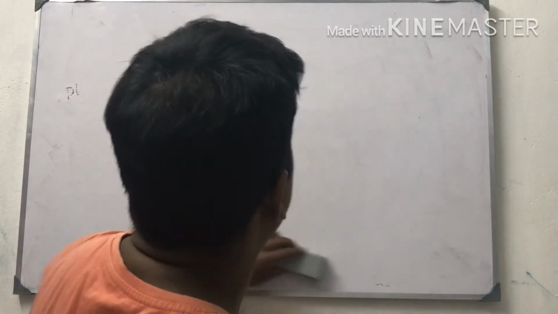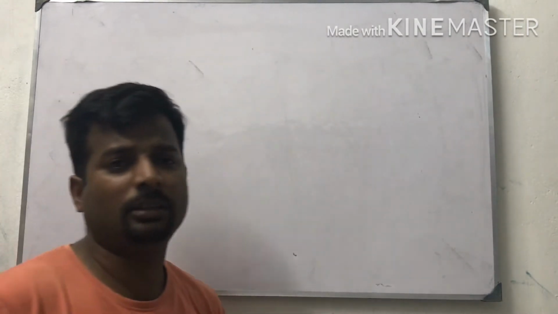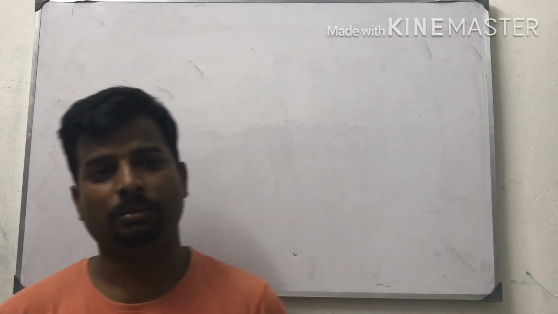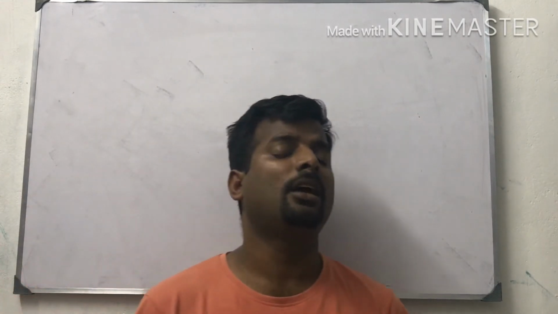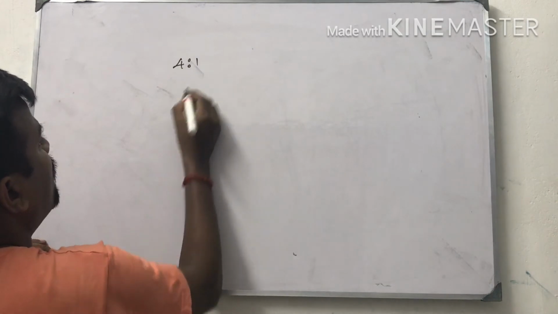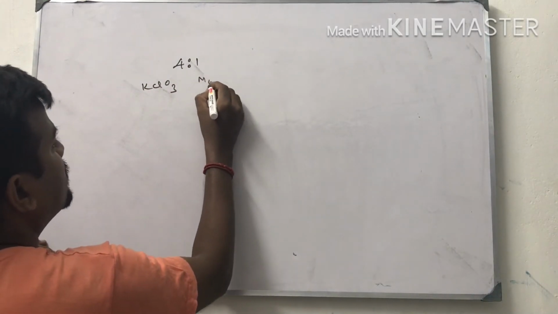Next method is simple, that is the laboratory method. The same reaction: potassium chlorate is mixed with manganese dioxide and thermal decomposition is possible, after that it will give oxygen. For example, a 4:1 ratio of KClO3 and manganese dioxide.